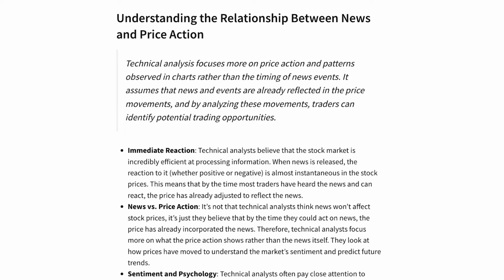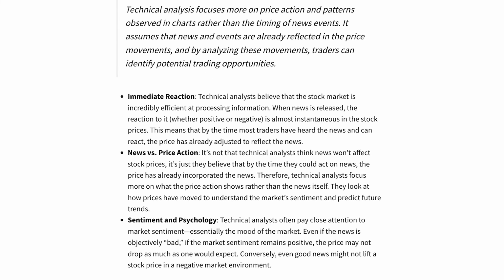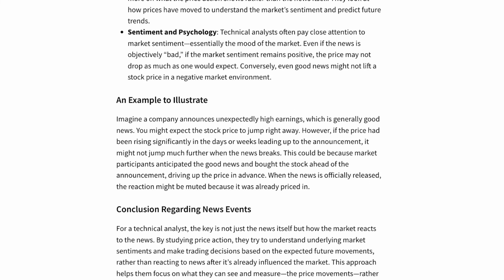For me, it took a while and a few resources to fully buy into the idea that everything is reflected in price action, so to speak.